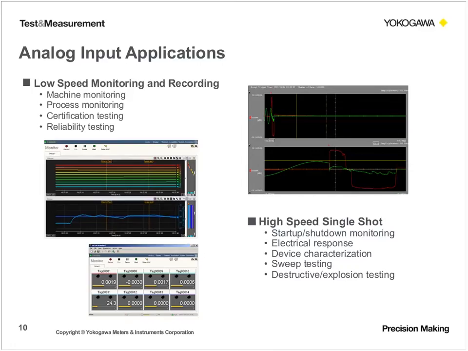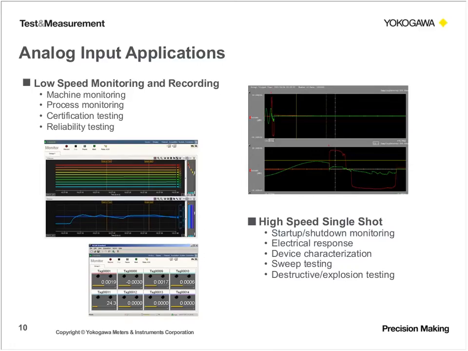And for the low-speed monitoring, what you'll typically find is a chart recorder or trending type instrument where the input signal rolls from one side of the screen to the other side of the screen. And this type of measurement typically deals with DC or low frequencies as well. And certainly high frequency noises can affect these types of measurements, but you won't typically find that's the case.